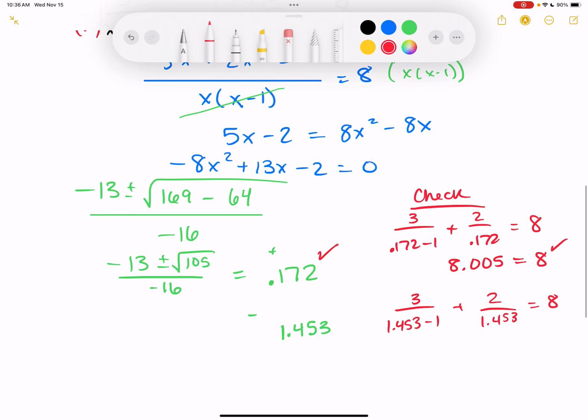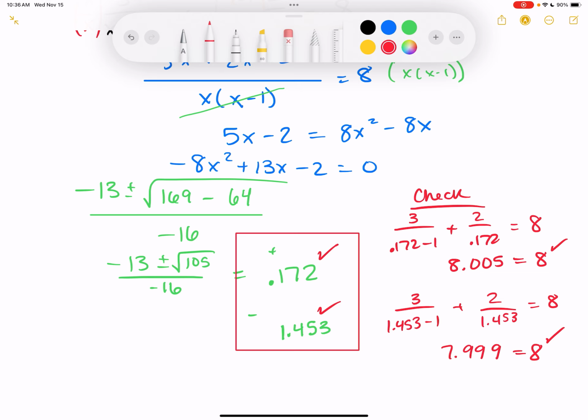And with that one, I get basically 7.999, which is, again, good enough because we did rounding. If we hadn't rounded, then we probably should say there's a problem, but because we rounded, those two answers would both work in this scenario.